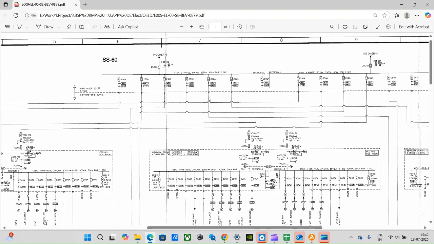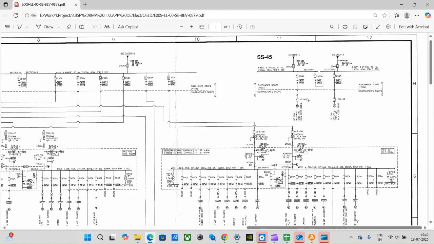Similarly, here also there is a dotted line with purchaser scope and contractor scope, and here also the same thing. So it says that the contractor scope does not include the HT panel, but it includes cable. This is the symbol of cable. By now, I think you know the termination there and whatever is there downstream.